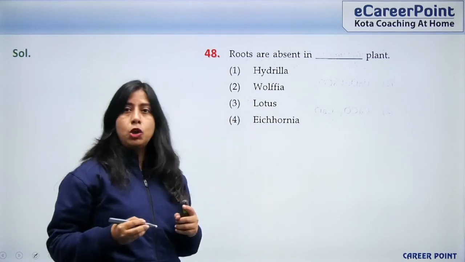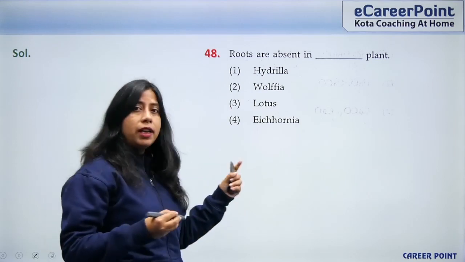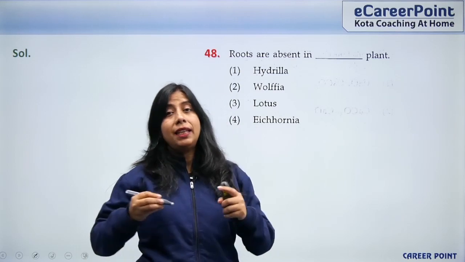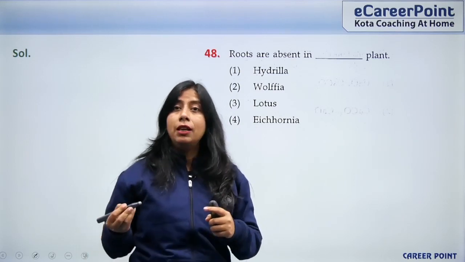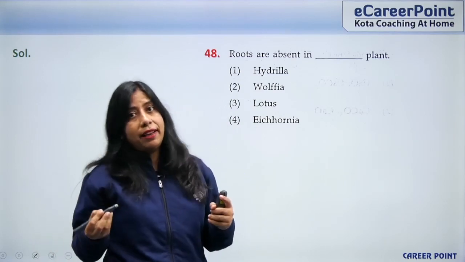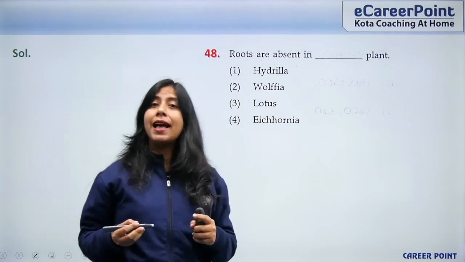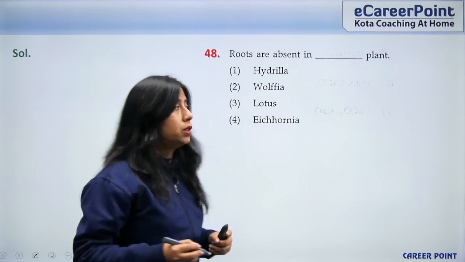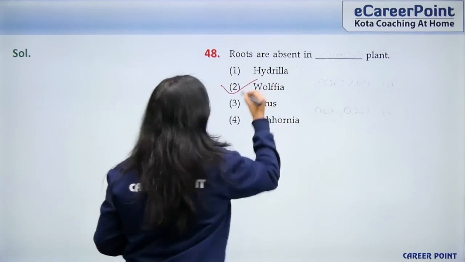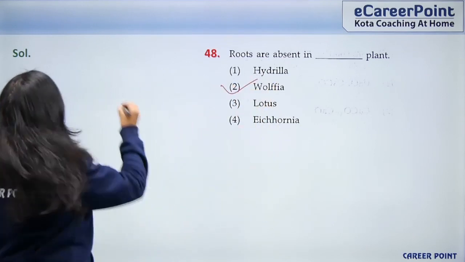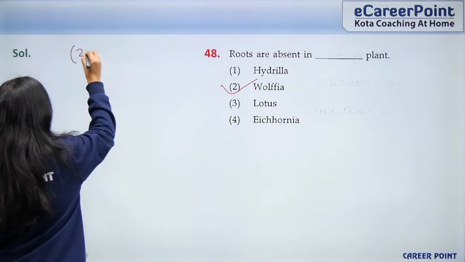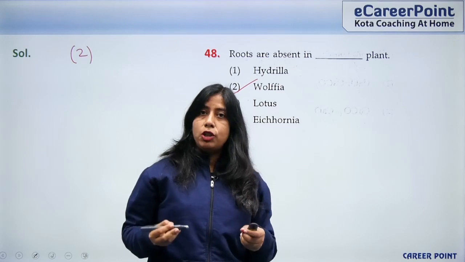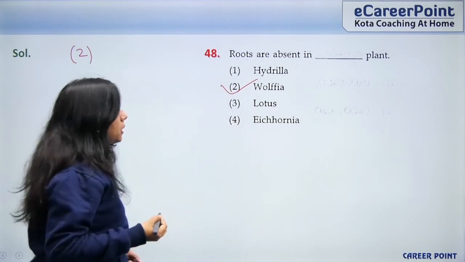If we talk about lotus, Azolla or water hyacinth, in them the roots are present, but they have other adaptations with respect to their stem or leaves. But Hydrilla has poorly developed roots and the roots are absent in the case of Wolffia. So here option number 2 is the right answer. Wolffia is the answer in which the roots are absent.